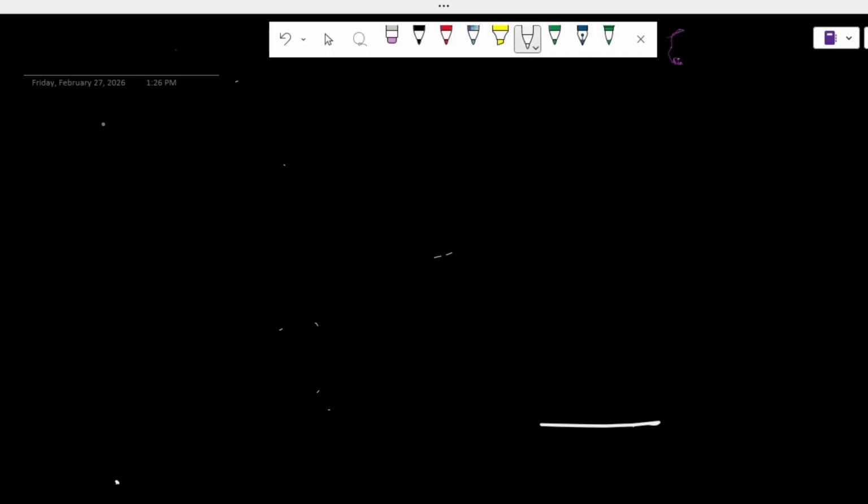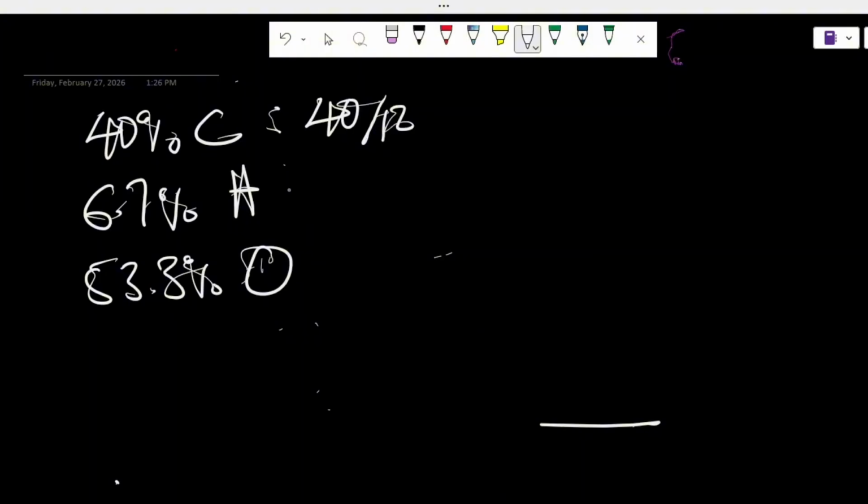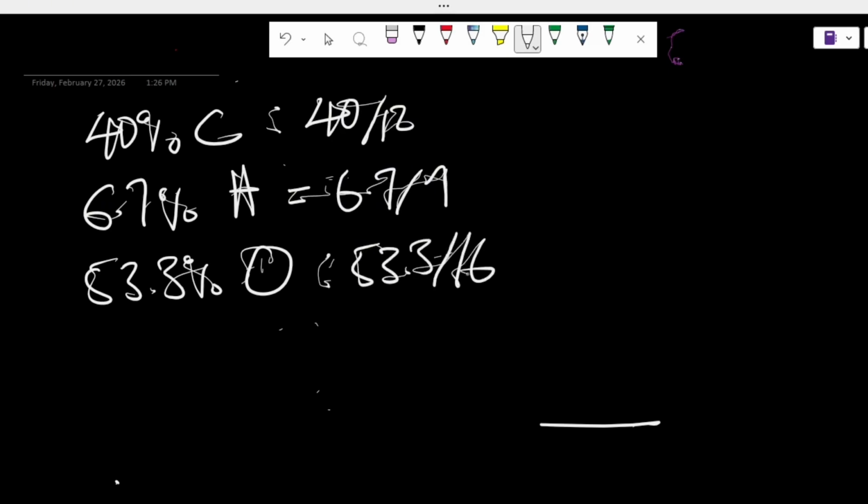Now you can also say, let's say a compound contains 40% carbon and 6.7% hydrogen and 53.3% oxygen. So how can you write the empirical formula? Now remember that this is going to be 40 over 12, and this is going to be 6.7 over 1, and this is going to be 53.3 over 16.